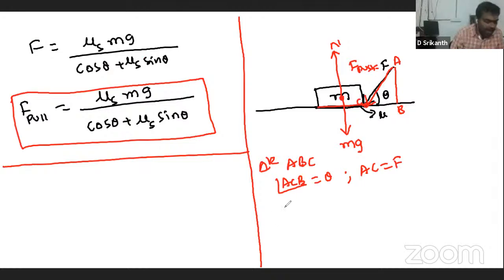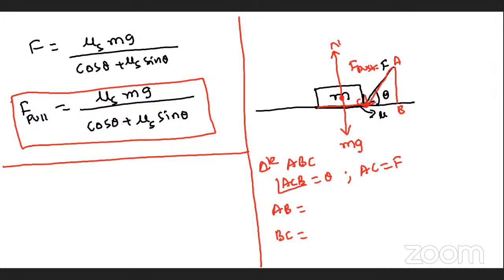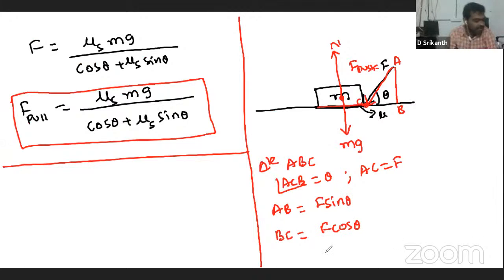What is the value of AB and BC? AB is F sin theta, and BC is F cos theta. So here we have the directions.